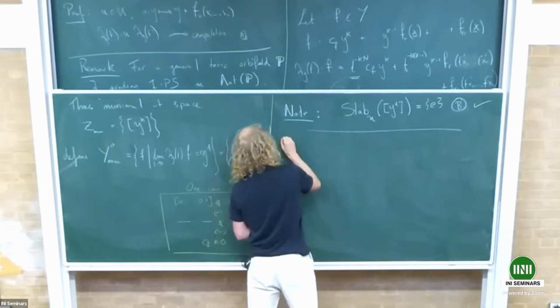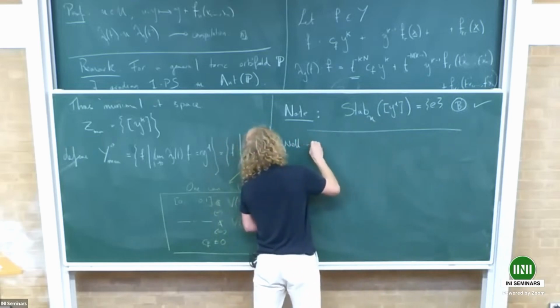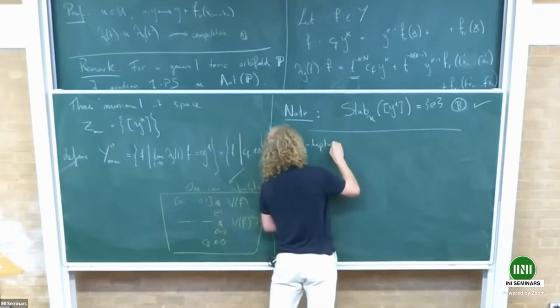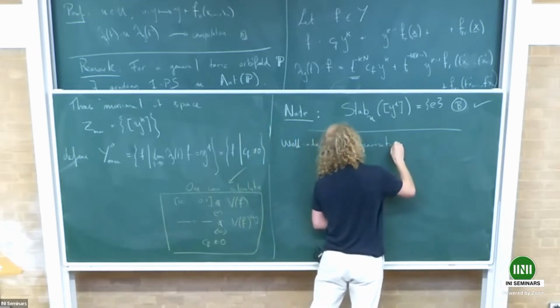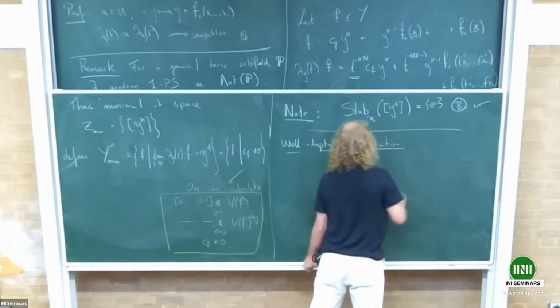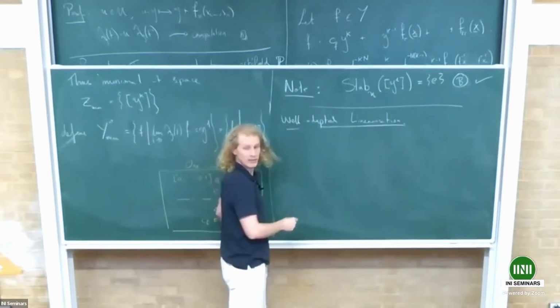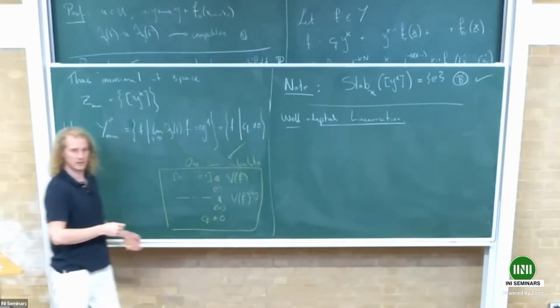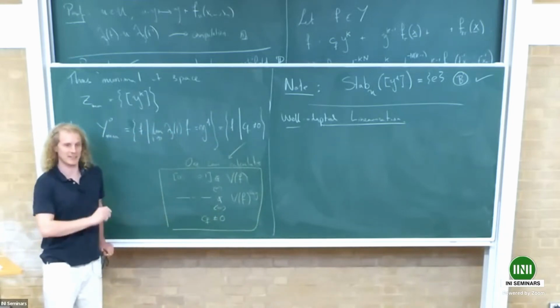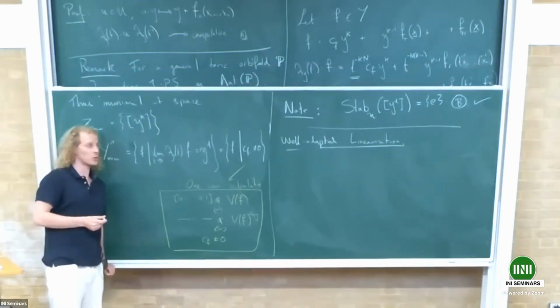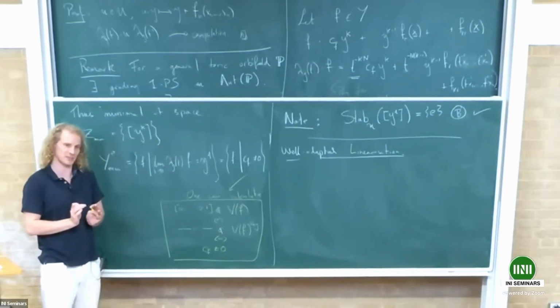And now this well-adapted linearization. But again, the groups we're dealing with are very, very explicit. So I'll write down explicitly what it is. But essentially, it's all very, very reduced hypersurfaces, right?